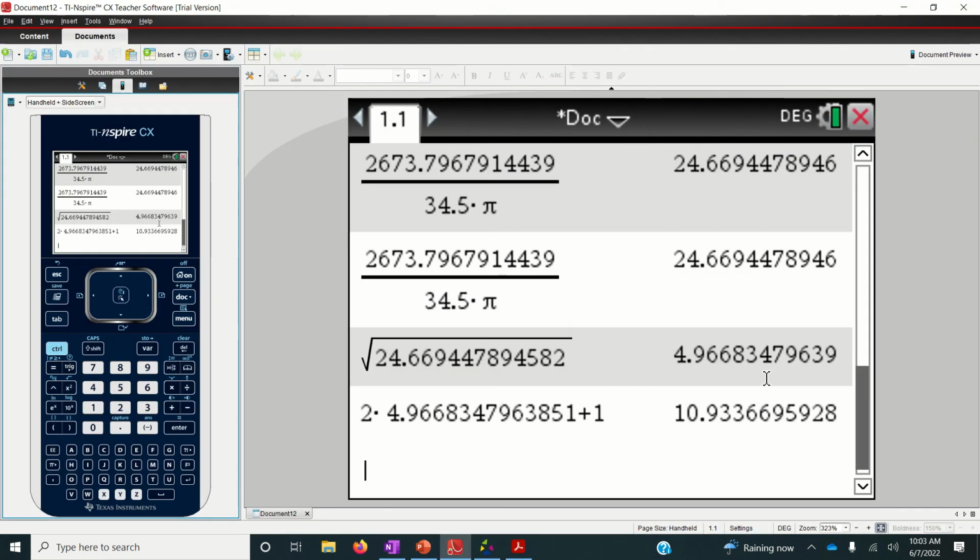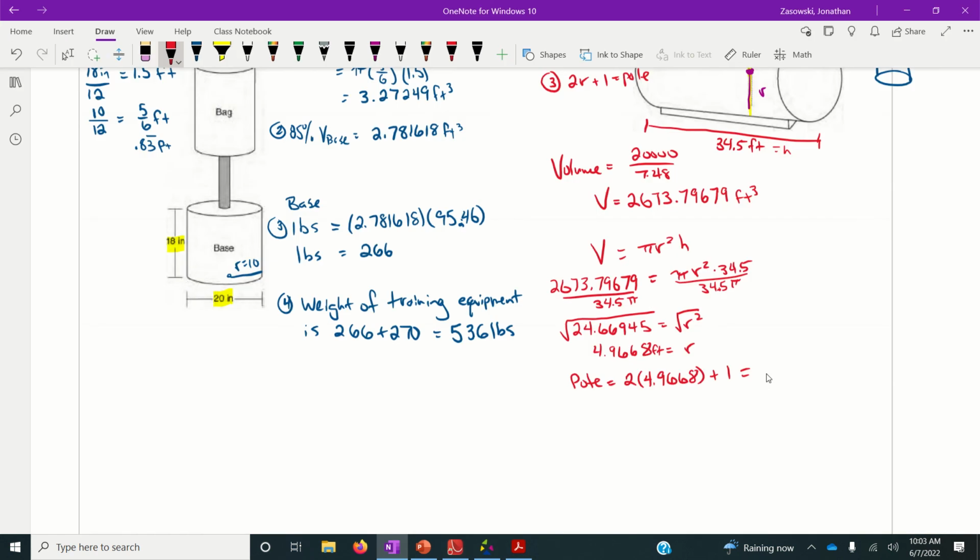Technically we'll write down 10.93367, but we want to round it, so we're going to say the pole is 10.9 feet long. And that's it, because remember, we are rounding using that 3.